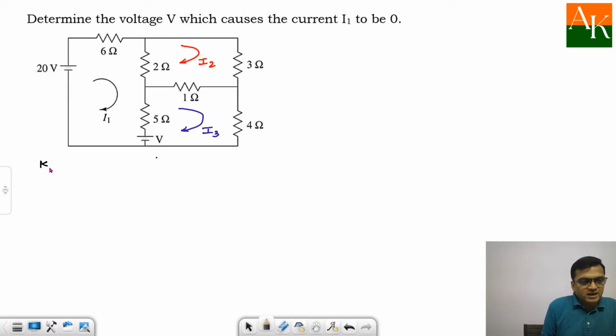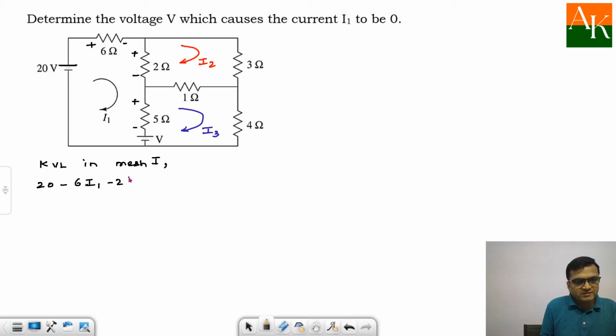So KVL in mesh 1. When you apply KVL in mesh 1, you have to assign the sign for the voltages developed across the resistances. So these are the signs for the voltages across the resistances. I have explained this in previous lectures also. I am starting at this point, leaving sign 20, plus 20, then minus 6I1, minus 2 times I1 minus I2, then minus 5 times I1 minus I3.